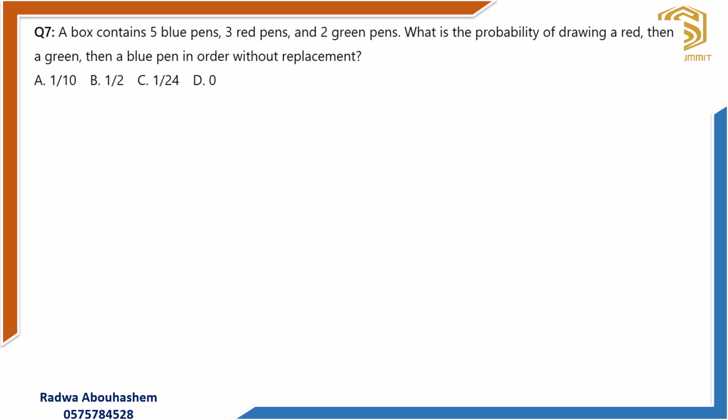A box contains 5 blue pens, 3 red pens, and 2 green pens. What is the probability of drawing a red, then a green, then a blue pen in order without replacement? So here, what is the probability of getting a red pen? It would be 3 over the total. How many pens do we have? 10. What is the probability of green?